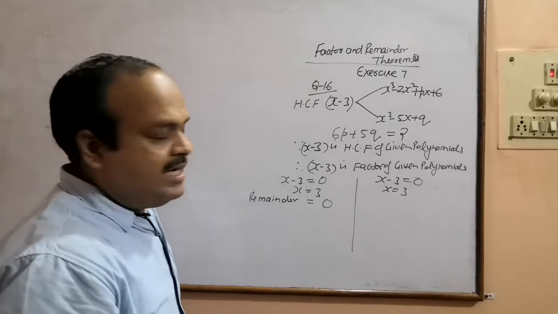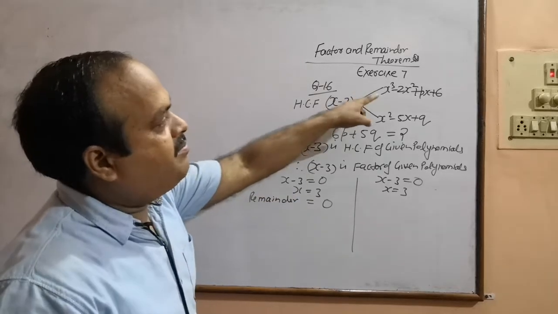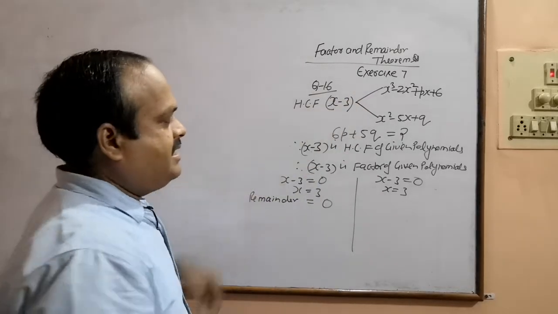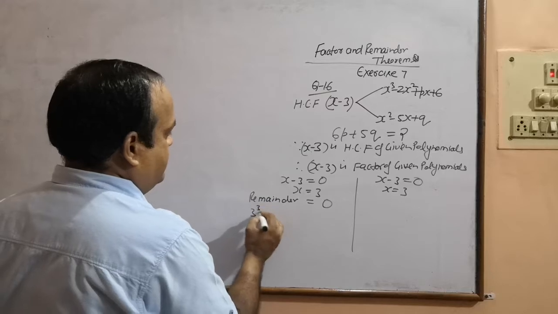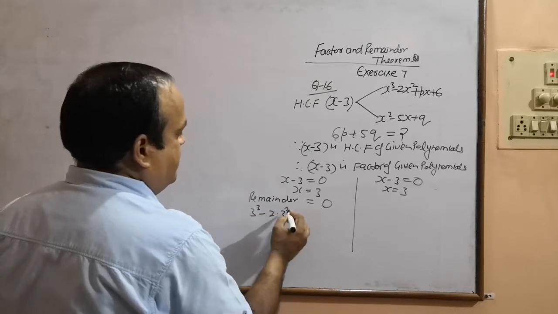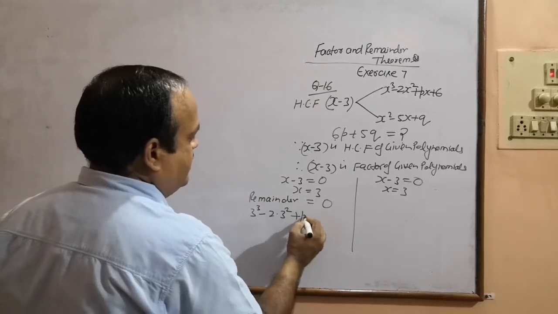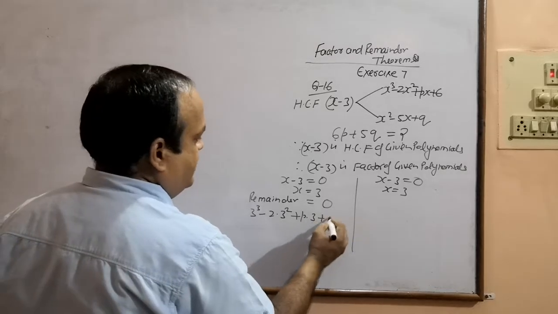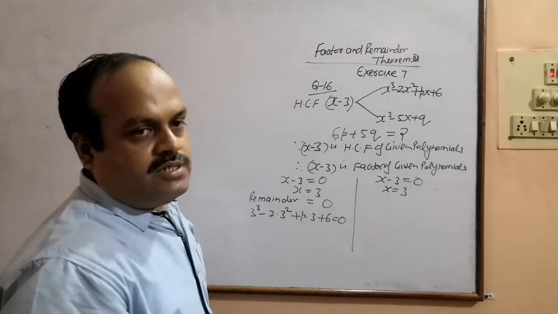How do we get the remainder? By putting the value of x in the polynomial. 3 cube minus 2 into 3 square plus p into 3 plus 6 equals to 0.